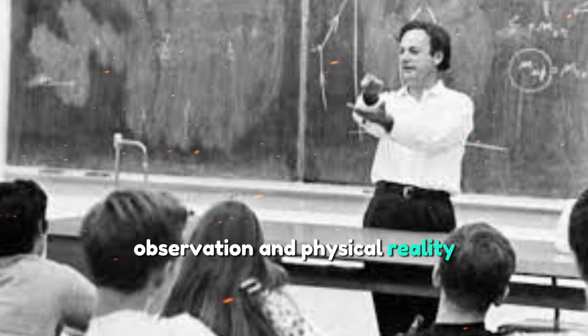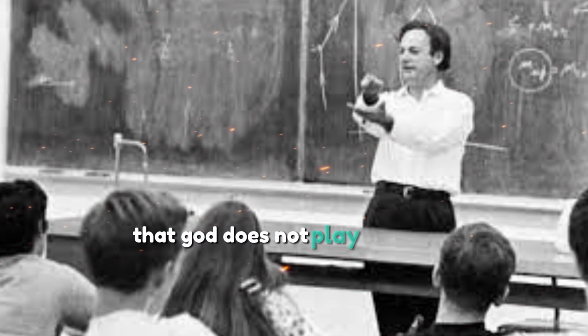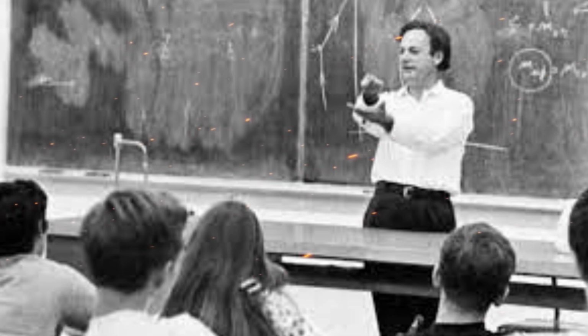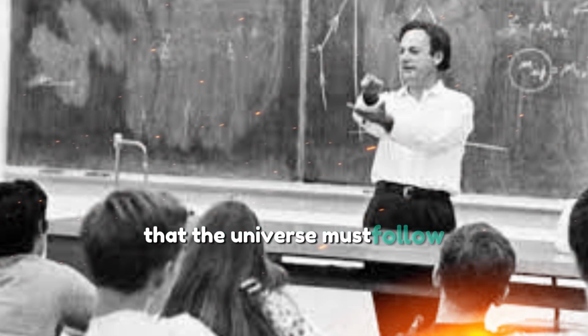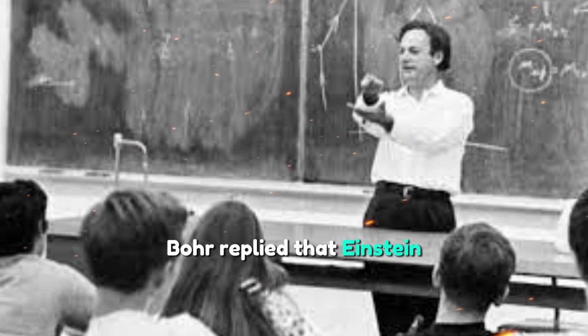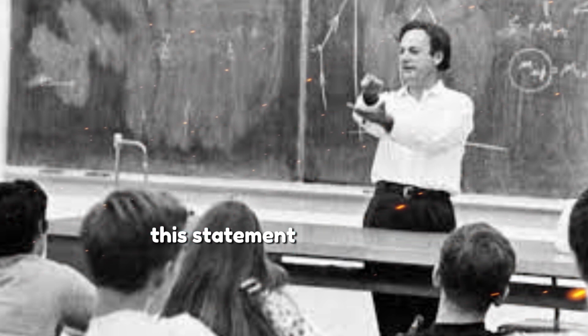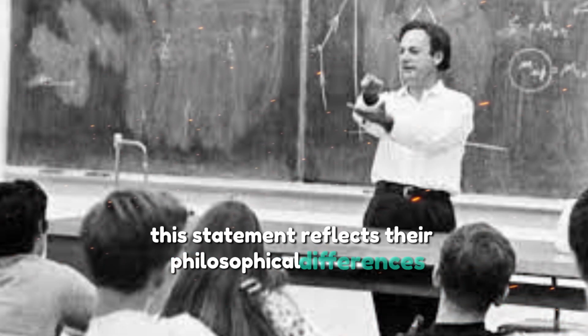One well-known story from these debates occurred when Einstein argued that God does not play dice with the universe. He meant that the universe must follow deterministic laws. Bohr replied that Einstein should not tell God how to run the universe. This statement reflects their philosophical differences.